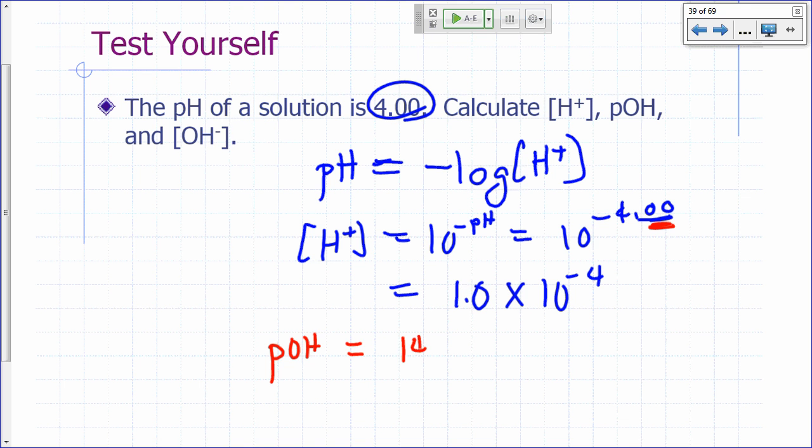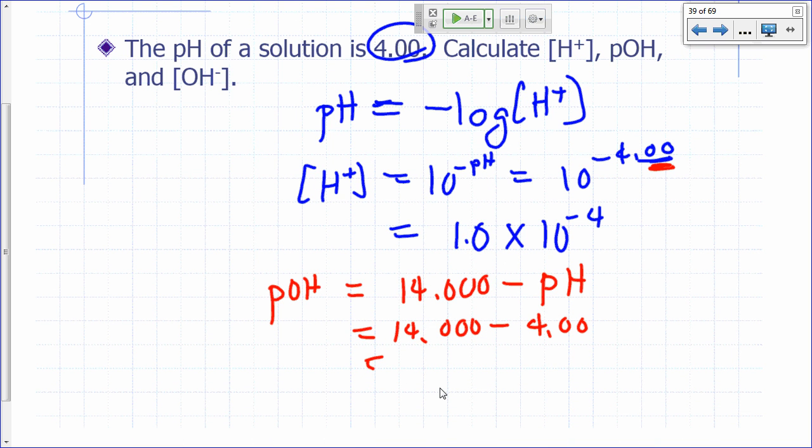So it's 14.000 minus pH. 14.000 minus 4.00, that gives me how much? 10.00. Sig figs.